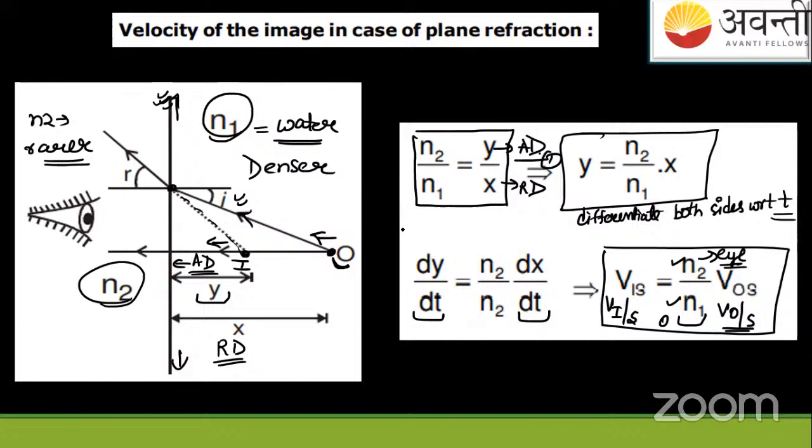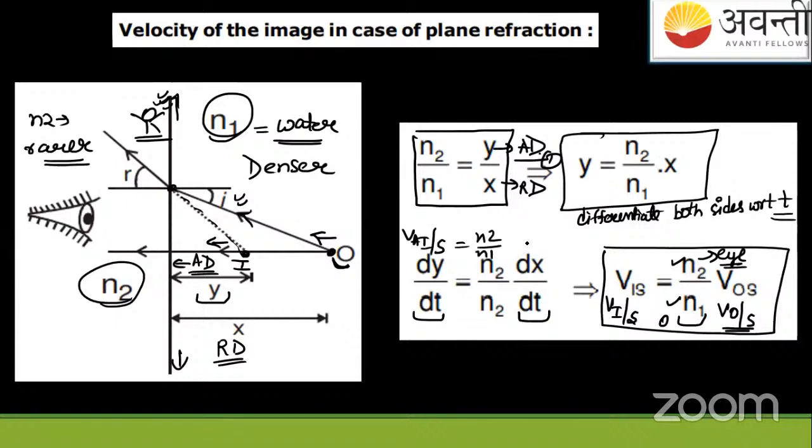You will always treat it as if we are standing on this refractive boundary, the boundary which is separating two mediums. We are measuring the velocities assuming we are on this boundary, which is not moving. So I will highlight here: this is the velocity of the fake image, the apparent location, y apparent, with respect to the surface, times n2 upon n1.